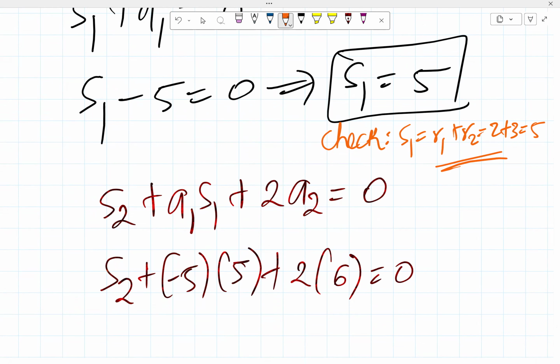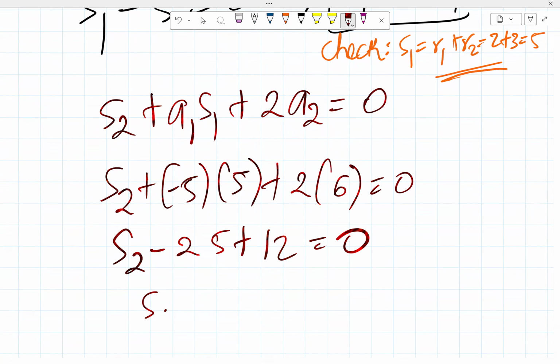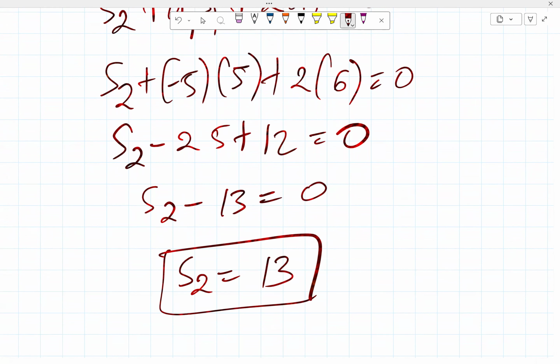That's excellent. Back to this, we have S2 minus 25 plus 12 equals 0. So S2 minus 13 is equal to 0, which means S2 is equal to 13.